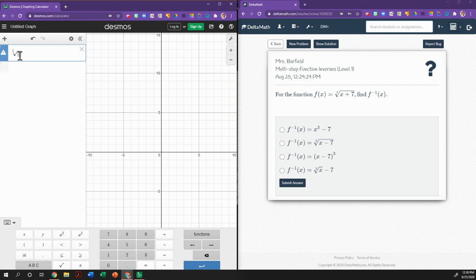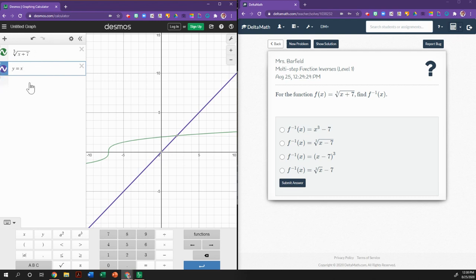So I'm going to put a 3 there. Then underneath the radical, I'm going to put x plus 7. So there's my picture. Then the second thing I'm going to type in is y equals x. So those two things are going to be the first thing I type in.